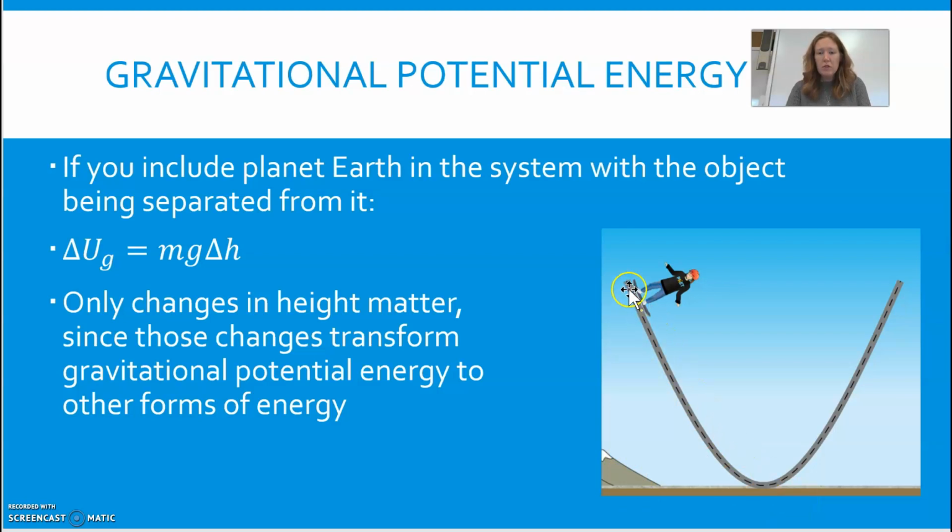And so then we would say that potential energy is going to get transformed into kinetic as she goes down the half pipe, and then it's going to transform back into potential as she goes up the other side. And we can just analyze that transformation back and forth, okay?